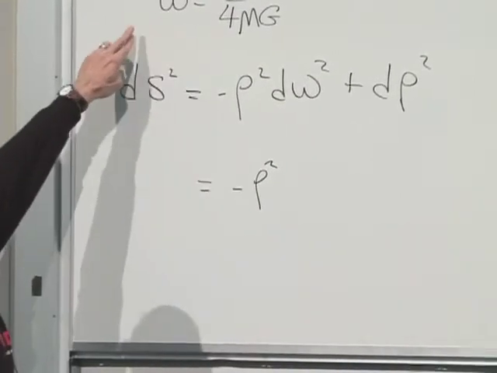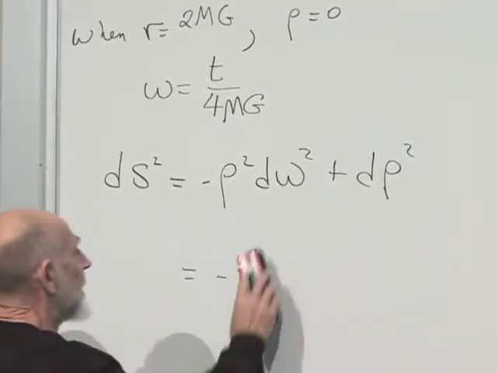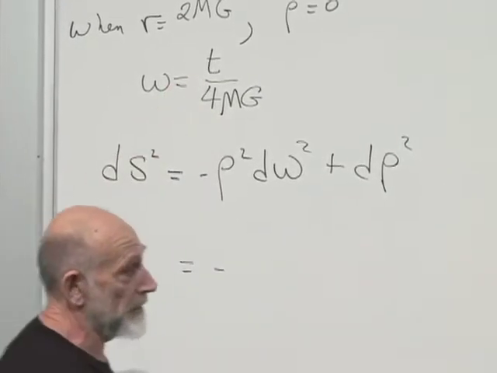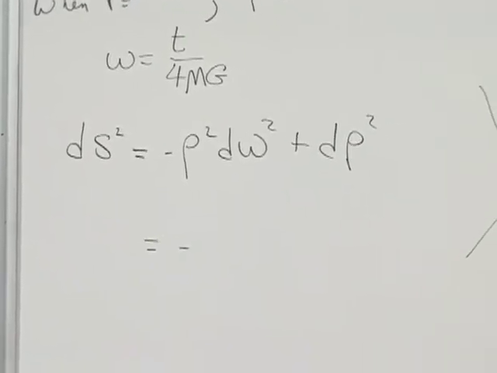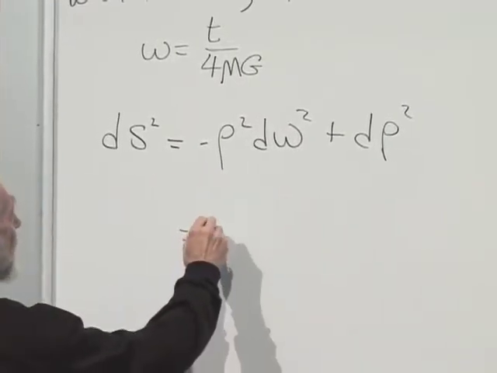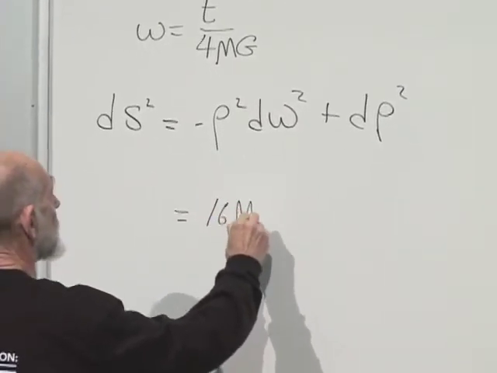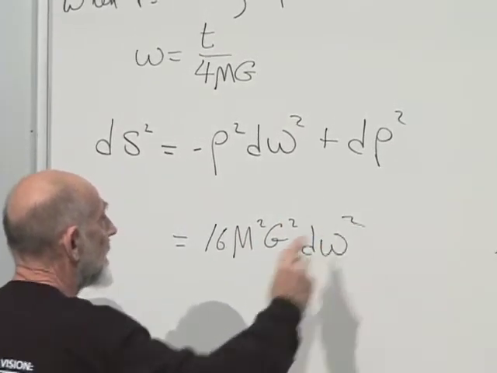All right, so far from the black hole then, ds squared is... let me just write dt squared, because there is no interesting factor. So what is dt squared? dt squared is 16 m squared g squared d omega squared.